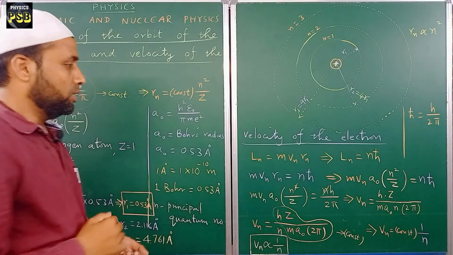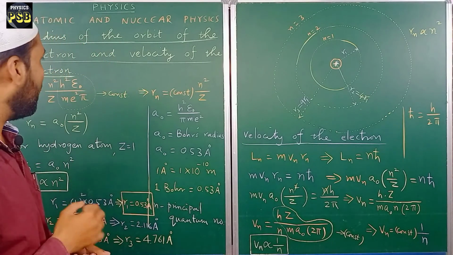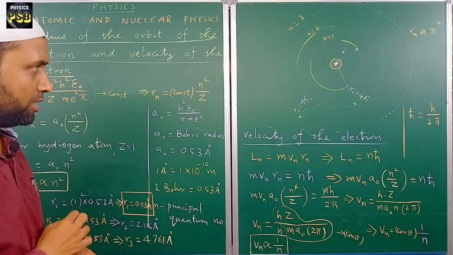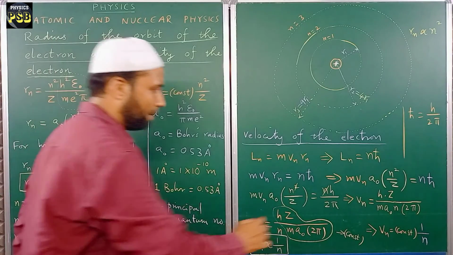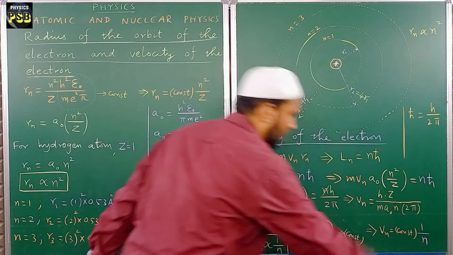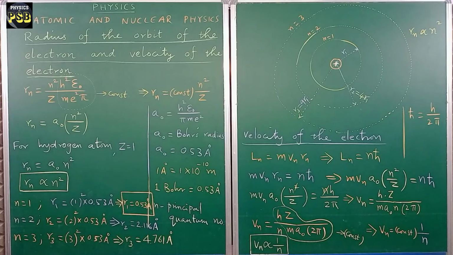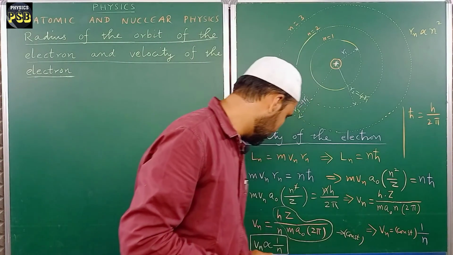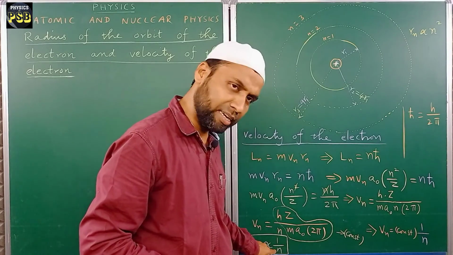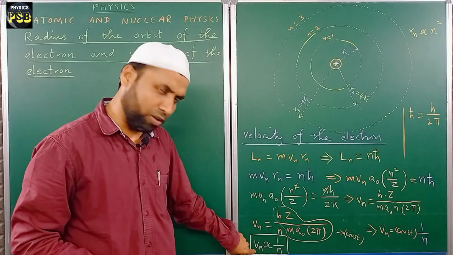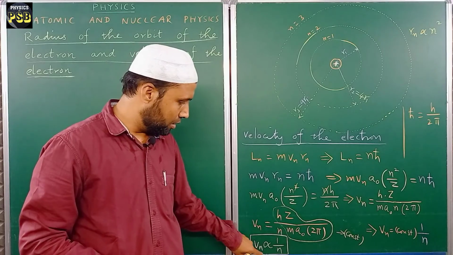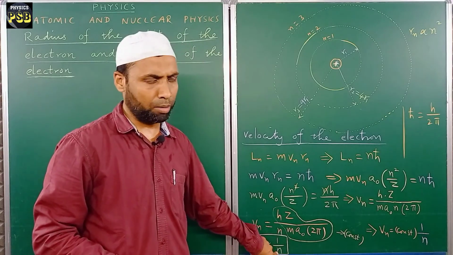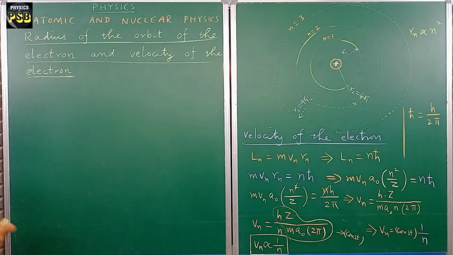Understood? So I'll show the relation between Vn and n with the help of a graph. To show the relation between Vn and n, that is the velocity of electron in the orbit and principal quantum number, I draw a graph.